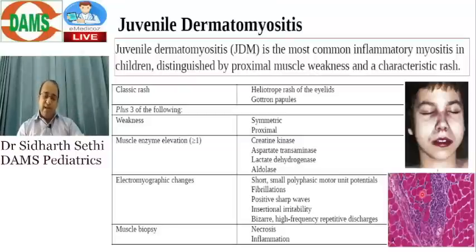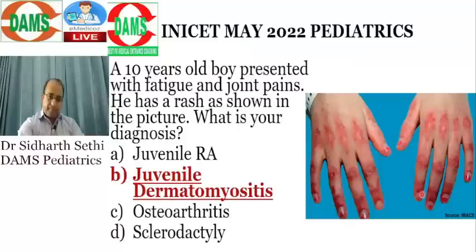So you may have any three of them to call it dermatomyositis. The drug of choice is steroids and methotrexate. So you may also use methotrexate in some of these patients. So this child has a classic case of Gottron's papules of juvenile dermatomyositis.